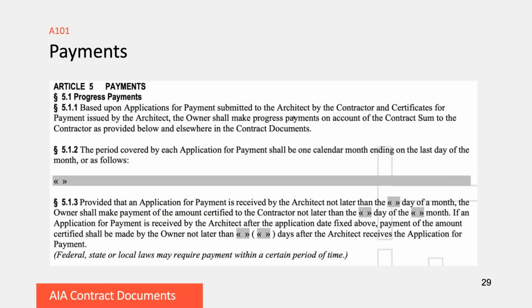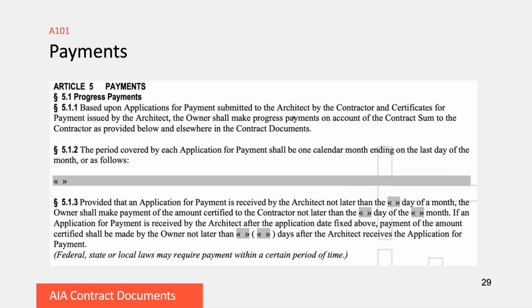So Article 5 talks about payments. Generally speaking, the contractor is going to want to get paid. So there's some details that will be set down here in the contract to establish the regular pattern. For projects with a longer period of time, 12 to 24 months of construction, the contractor is going to be looking for a uniform way in which the cash is going to be coming in.